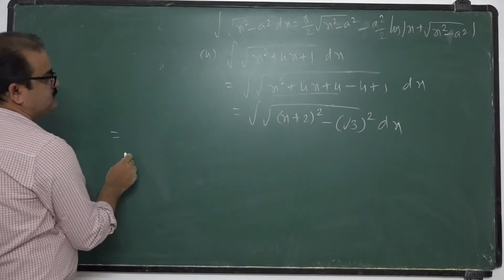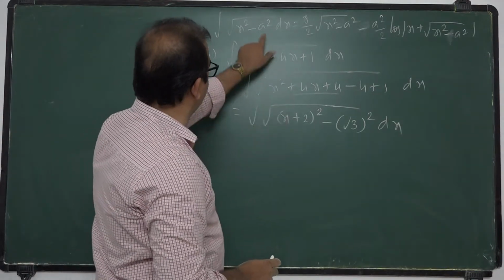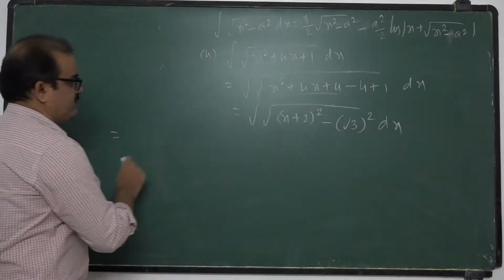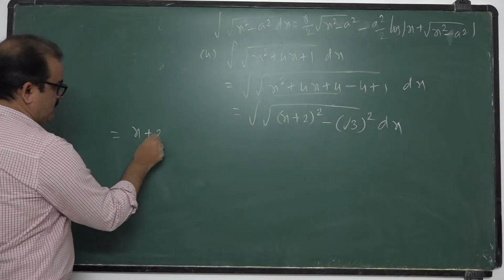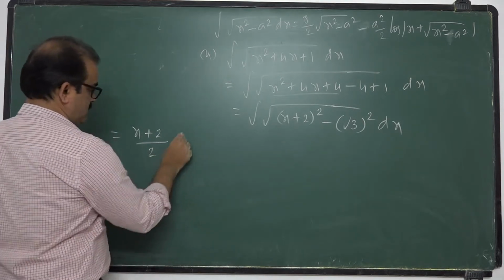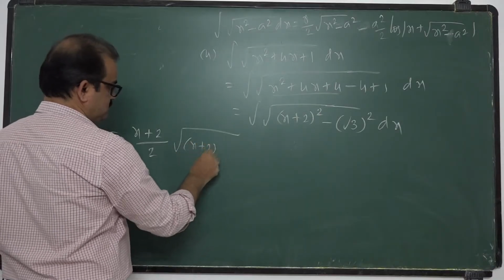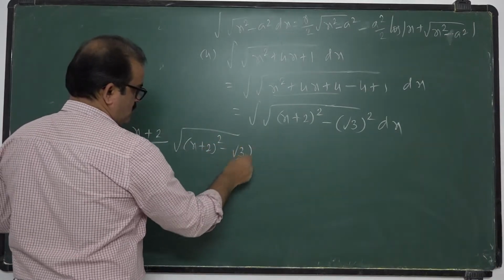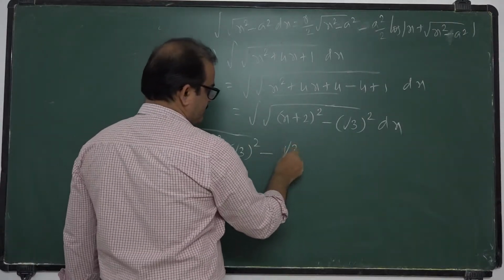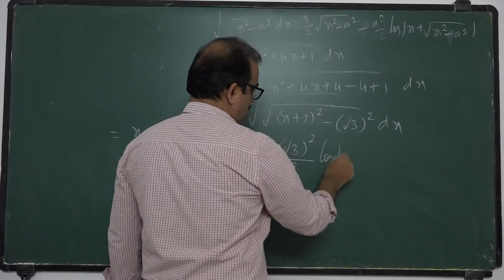That is equal to, in place of x there is x plus 2, in place of a there is root 3. From that formula, x plus 2 by 2 root of x square minus a square, minus a square by 2 log mod x plus root of x square minus a square.